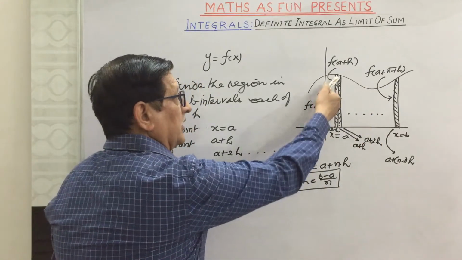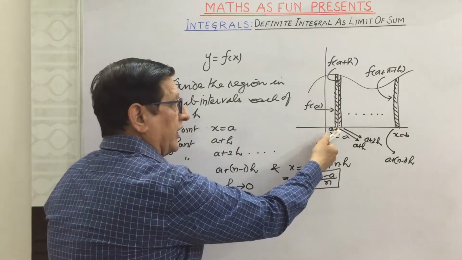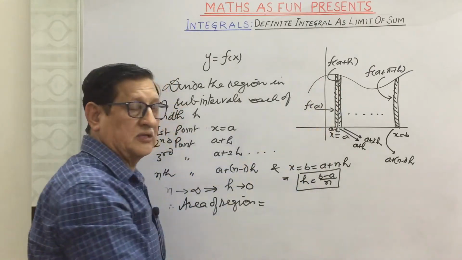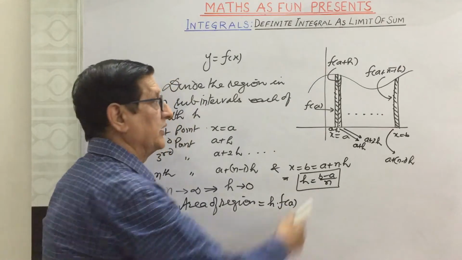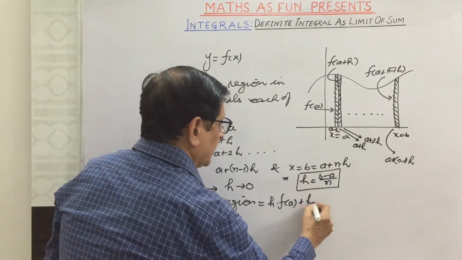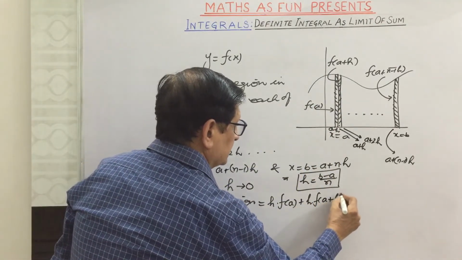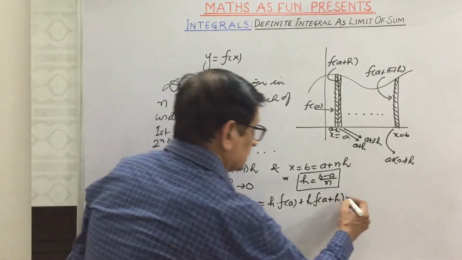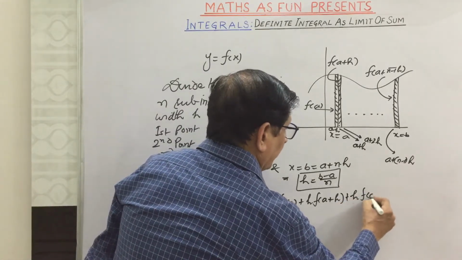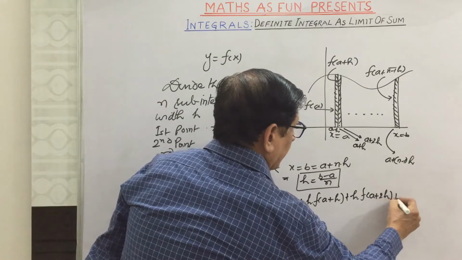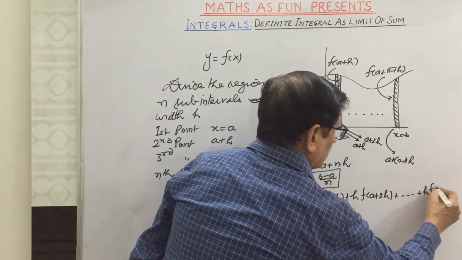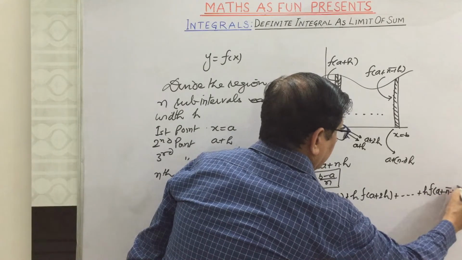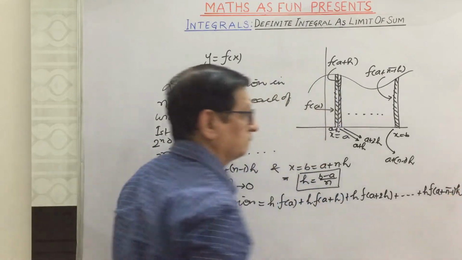The area of the first strip is h into the length, that is f(a), so it is h into f(a). The area of the second strip will be h into f(a plus h). The area of the third strip is h into f(a plus 2h), and so on. The area of the last strip will be h into f(a plus (n minus 1) into h).